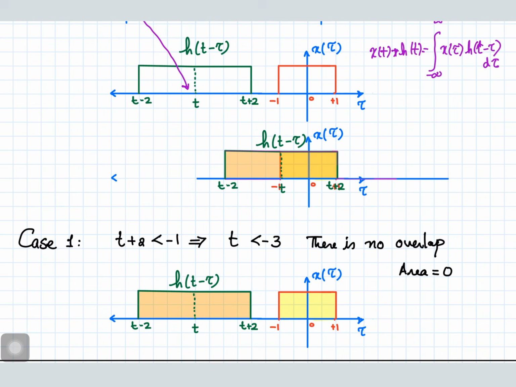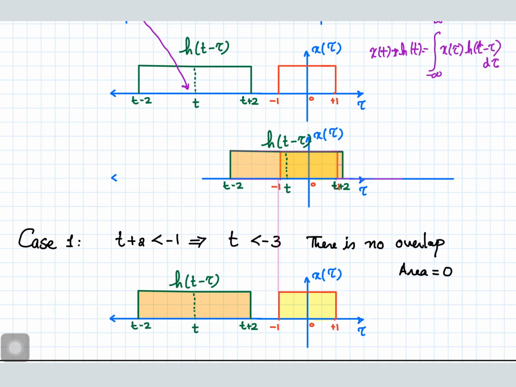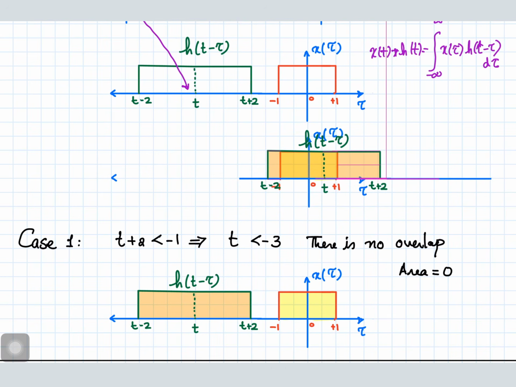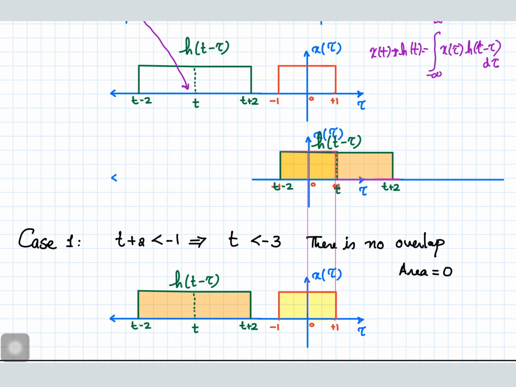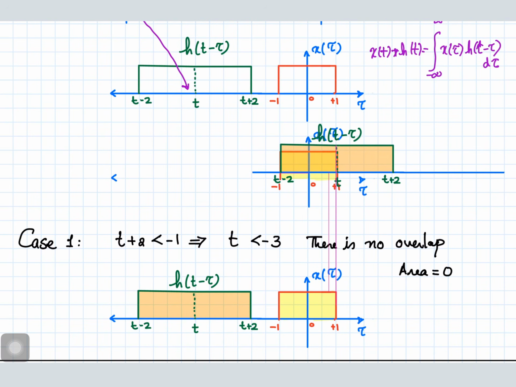So up to this point, when t plus 2 becomes equal to 1, your area was increasing. But after that, if you move onward, you can see that there is area overlap, but it is not changing, it has become constant, and this will remain constant up to the point when t minus 2 becomes equal to minus 1, right, over here if I move it above.